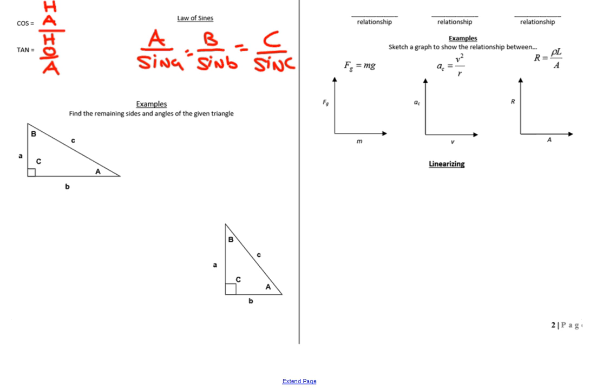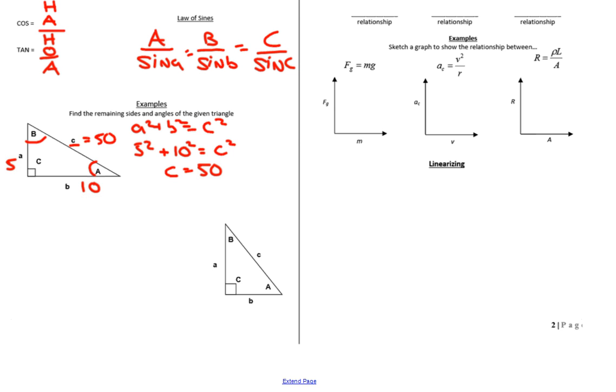Let's say that this triangle has a B side of 10, an A side of 5, and what we're set after to find is angle A, angle B, and C. I'm going to start off with C, using the Pythagorean theorem: a squared plus b squared equals c squared. That is 5 squared plus 10 squared equals c squared. If you work that out, you get a C of 50. And so C is now 50.